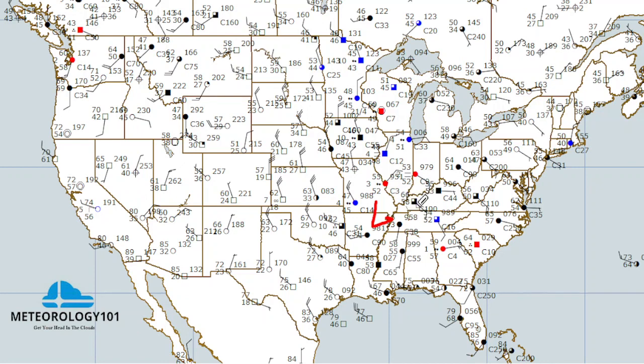Pretty tight gradient right through here, and then it's 1000, that's 96. Like I said, I'm trying to keep this neat, but I don't think that's going to happen. Let's see, I don't know if I can thin my ink out a little bit with the settings on this program. That's probably not working.